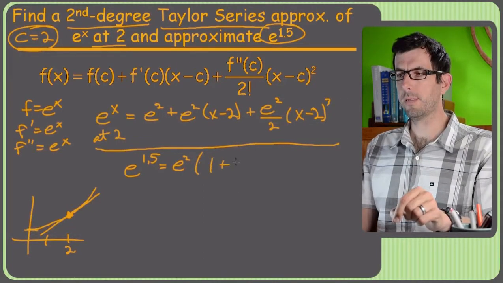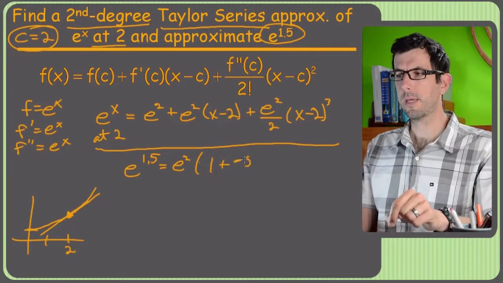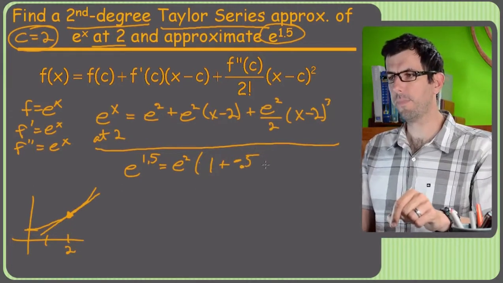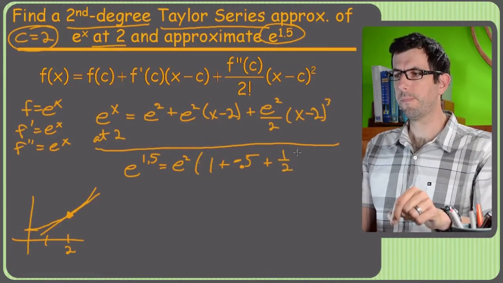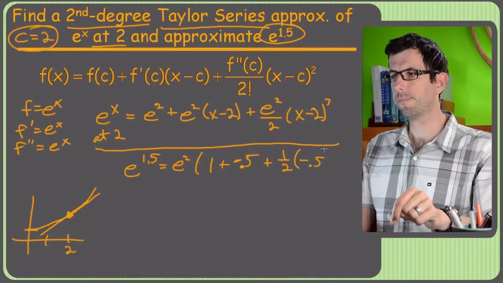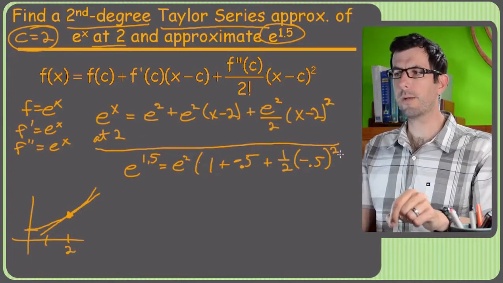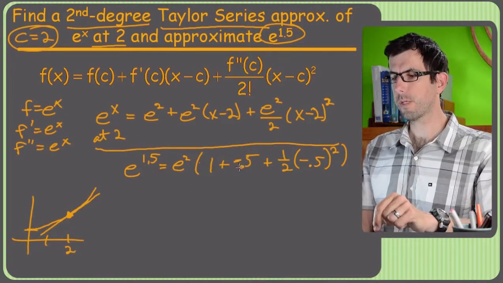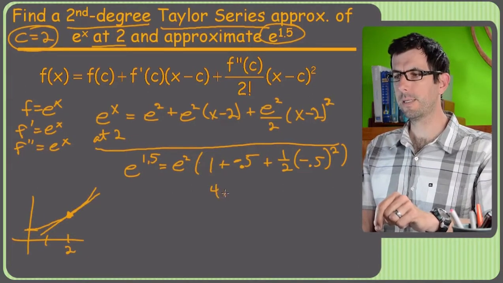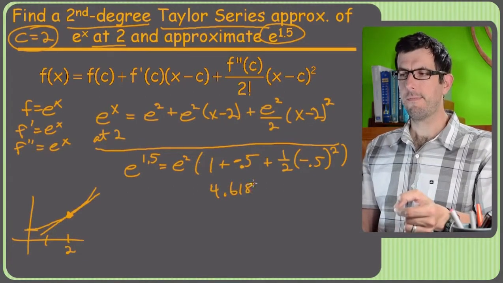So maybe it'd be 1 plus x minus 2, which is just 1.5 minus 2, negative 0.5, plus 1/2 times negative 0.5, but that is squared, which will make it positive. All right, so if we work all that out, we get a total of 4.618.